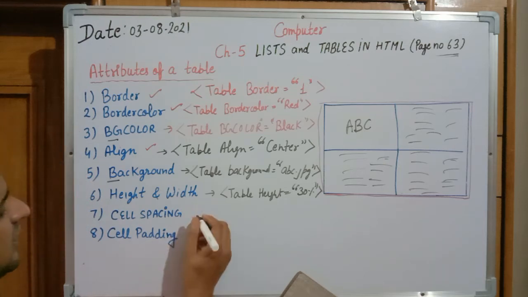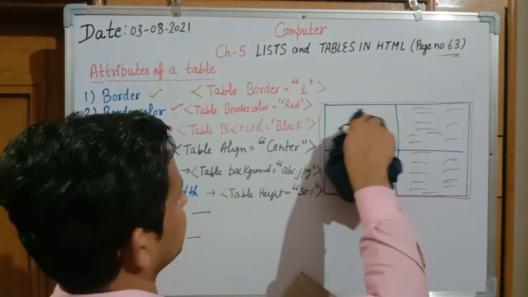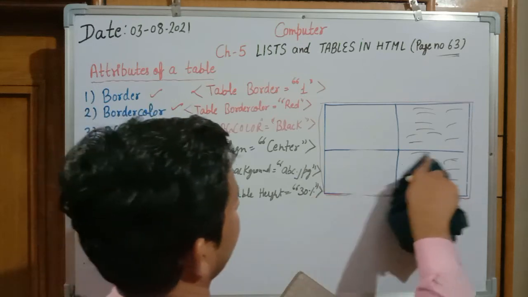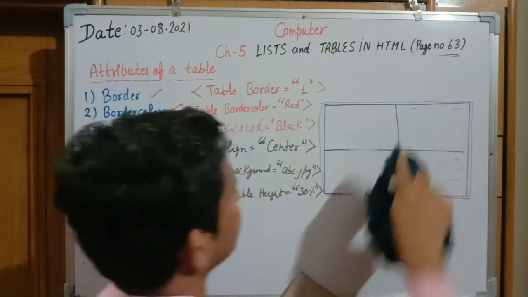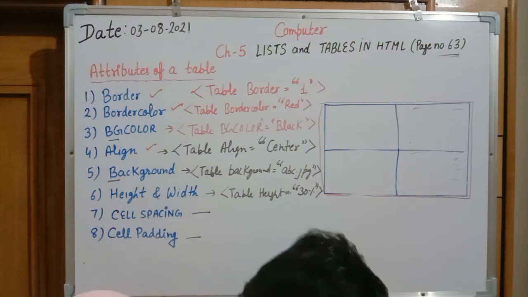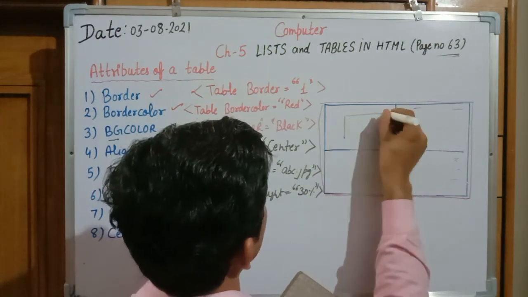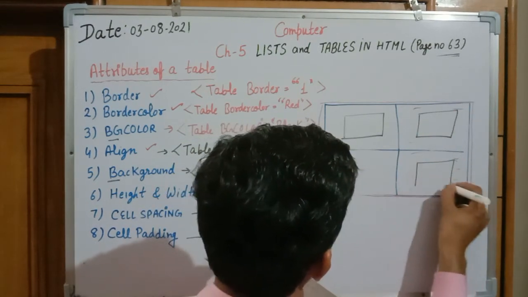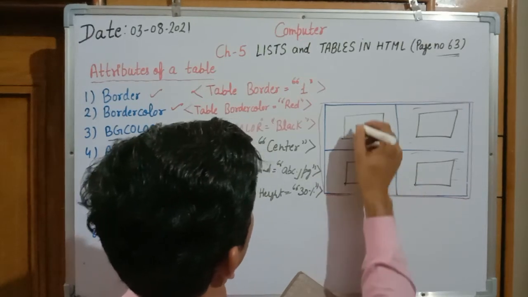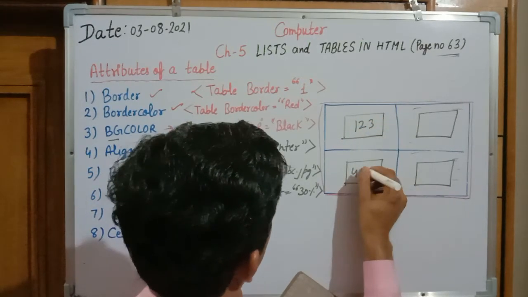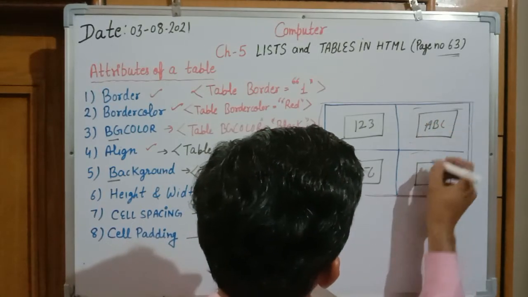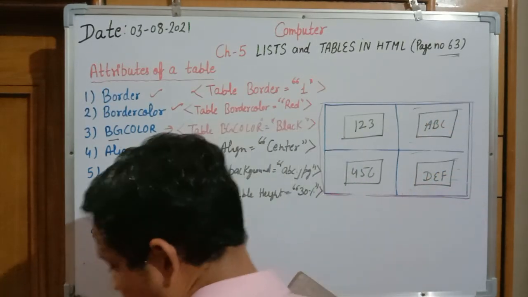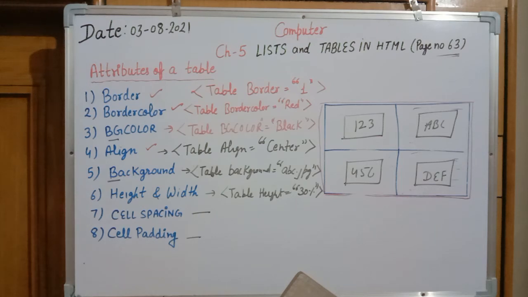Next major concept, most important, is cell spacing and cell padding. Now see the concept. What is spacing and padding? I have written the concept here. Suppose this is a box, this is a box, this is a box. Here I have written values 1, 2, 3, 4, 5, 6, A, B, C and D, E, F. So what is the concept of cell padding and cell spacing?